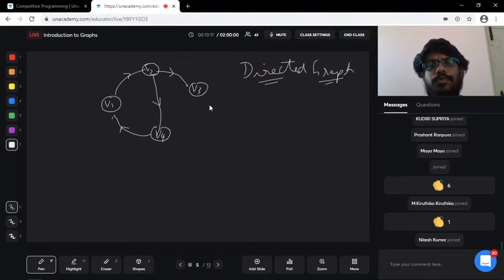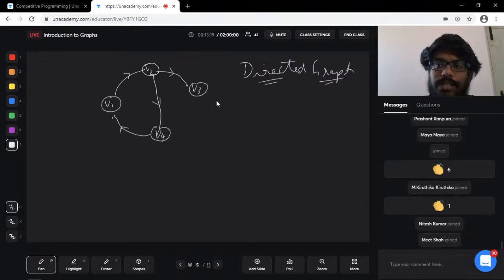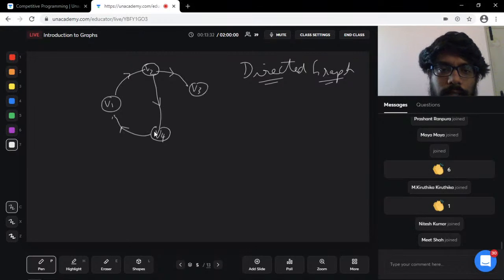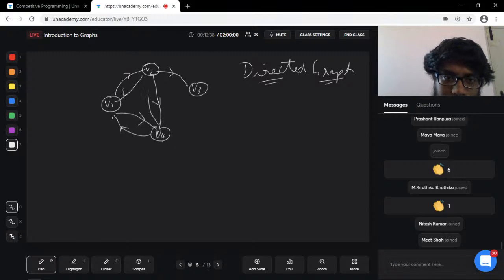But suppose the flight network is such that whenever flights go, they come back as well. If there is a flight from Chennai to Mumbai, the same flight also returns from Mumbai to Chennai. Then because this is there, this is also there, and so on.